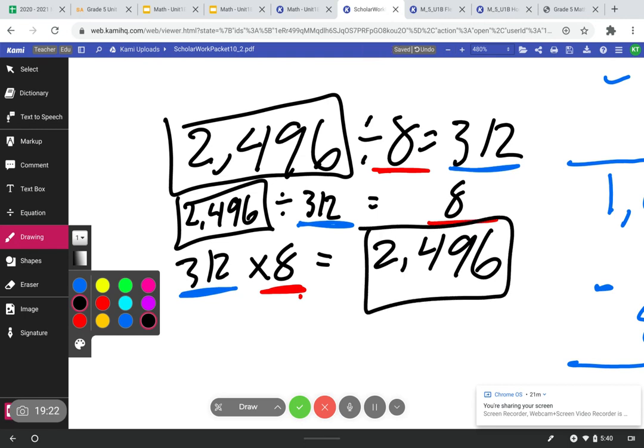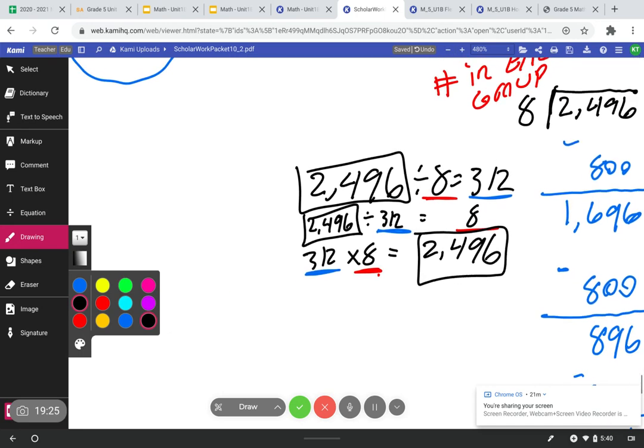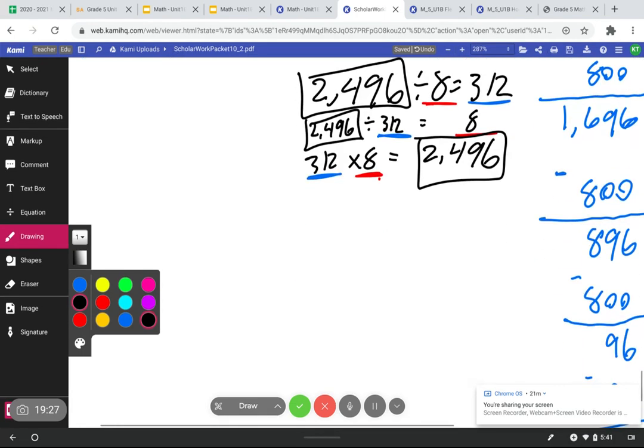It always balances out. So I know if I want to check my division work, I can multiply.